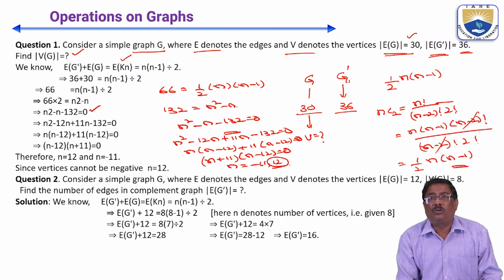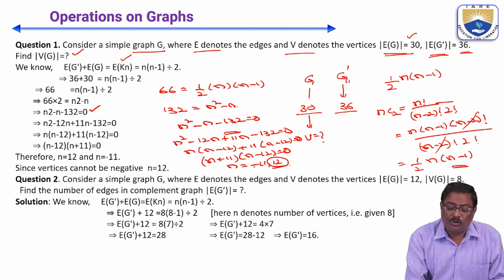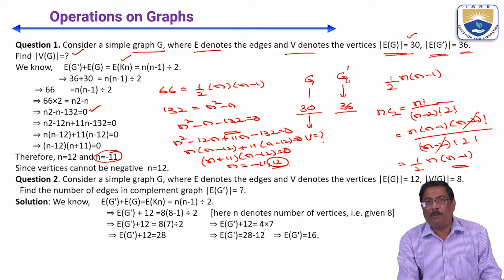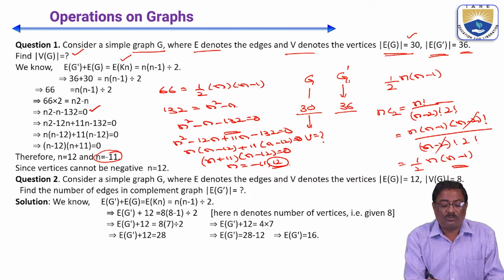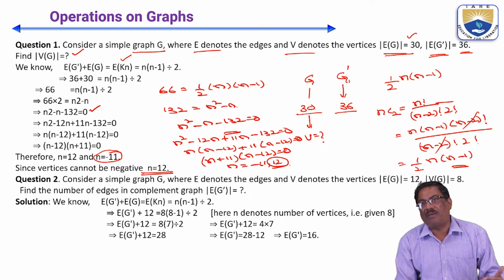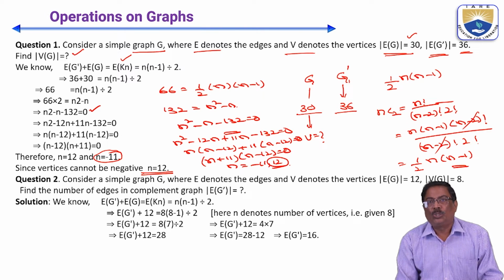A negative number of vertices is not allowed, so we consider the positive integer value, that is n equals 12 vertices. The original graph has 12 vertices.